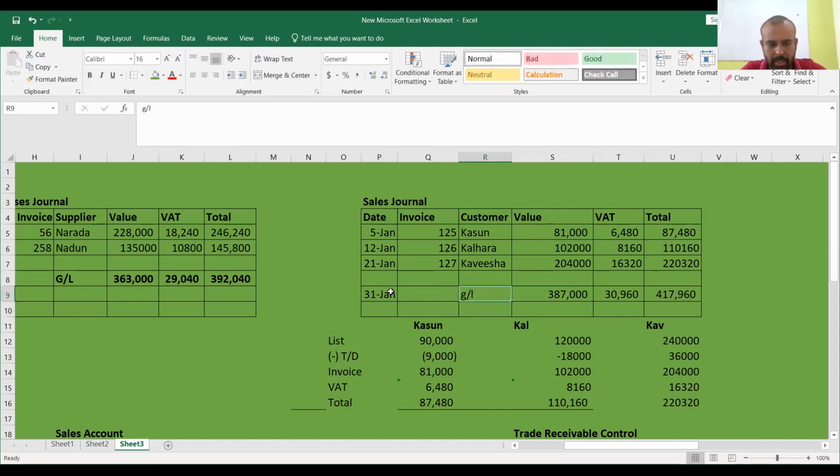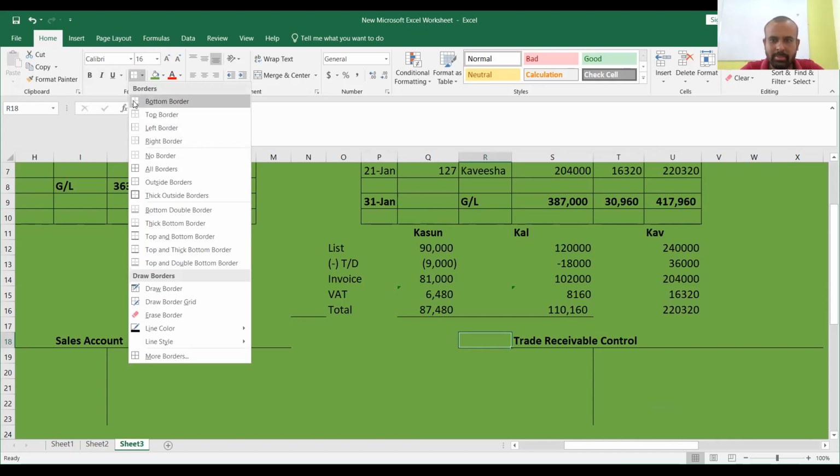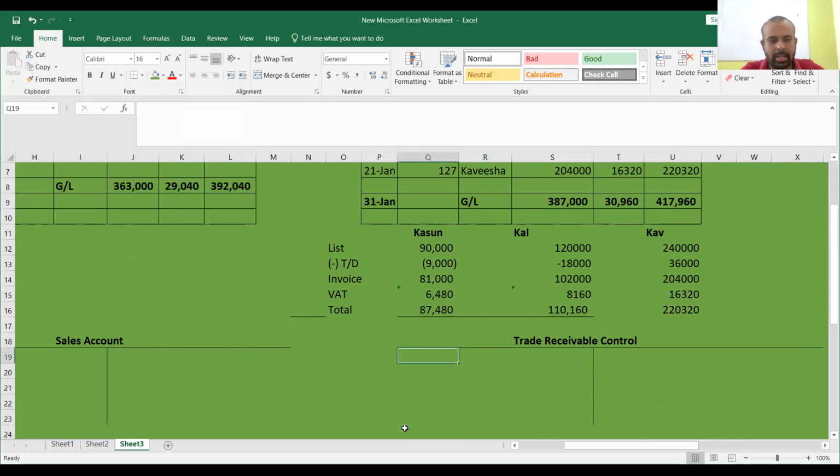Always you need to write it. If it is a journal, yes, you need to write it. Total posted to GL. But again, how much is your sales income? Only 387. That has to be debited to the trade receivable control account, right? Trade receivable control account must be debited on 31st January.